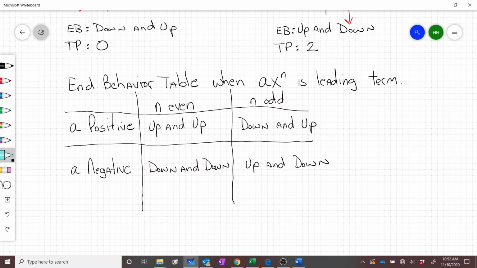Alright, so all of this end behavior stuff is determined by the leading term, the a value, and this n value or exponent of the leading term in standard form. That is what you use to determine what the end behavior of this graph will be.